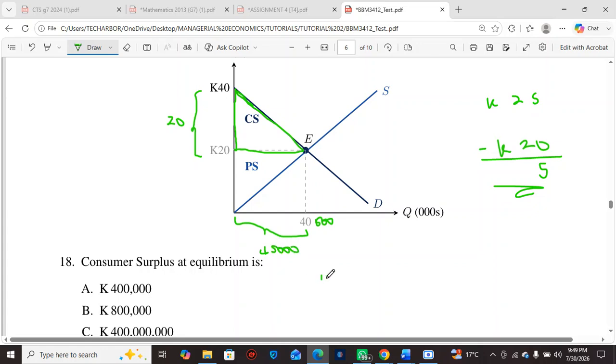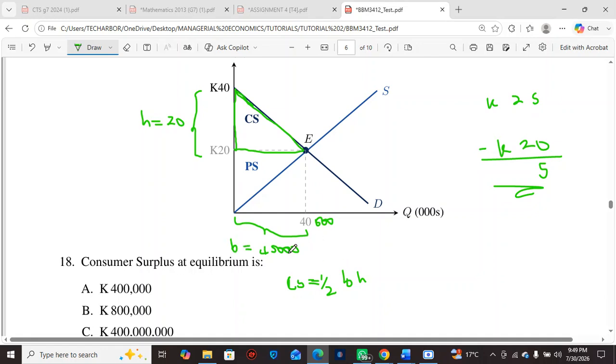So consumer surplus is half, remember it's the area of a triangle, half times B times H. In this case, H is 20, B is 40,000.